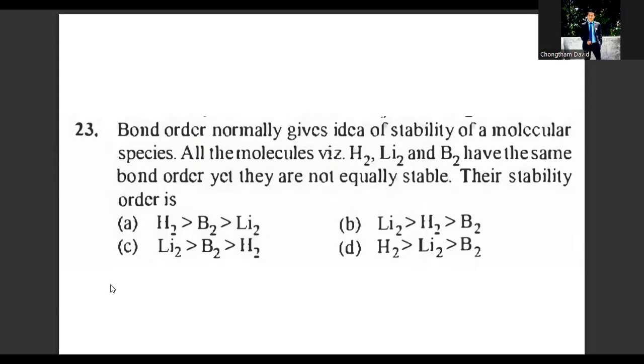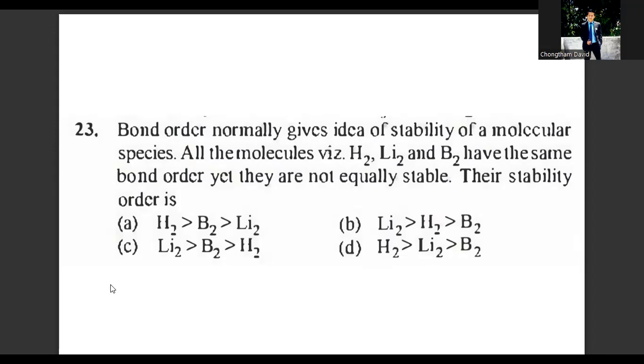Let us see question number 23. Bond order normally gives an idea of the stability of a molecular species. All the molecules, namely hydrogen, lithium, and boron, have the same bond order. They are yet not equally stable. So the stability order is. Now remember the molecular orbital configuration. For hydrogen, you have sigma 1s2, so no antibonding electrons. In the case of the lithium diatomic homonuclear species, its configuration is sigma 1s2, sigma star 1s2, sigma 2s2.